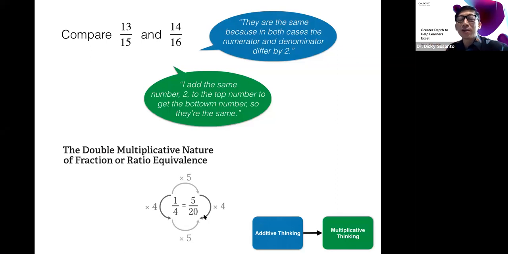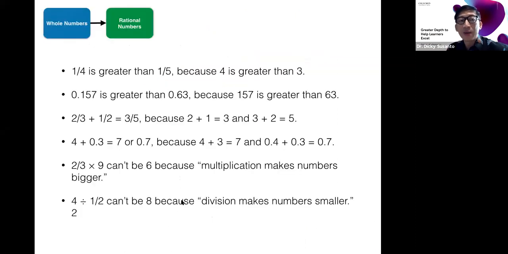Make sure that they get a sense of what equivalence is, make sure that they really understand the meaning, and then look into the structure of the equivalence before they are introduced to the algorithm. And these are just some examples of how moving from whole numbers to rational numbers becomes challenging. A lot of them will say that 1/4 is greater than 1/5 because 4 is greater than 3, and so on. I'm not going to discuss this part individually.